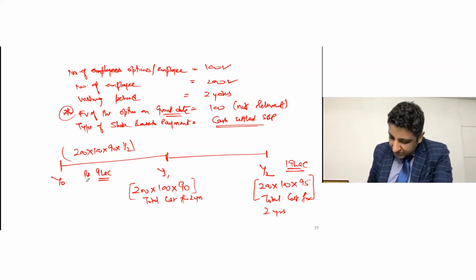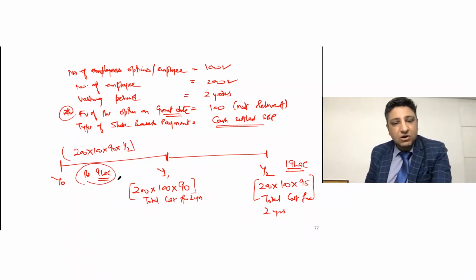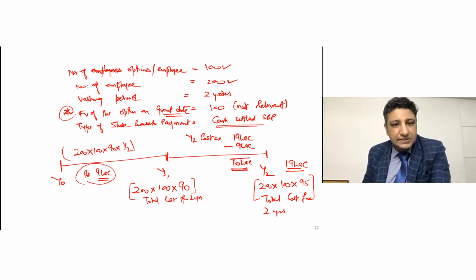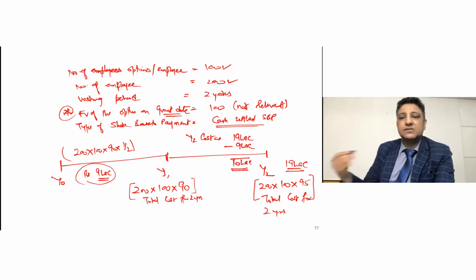But I have already charged a cost of 9 lakh rupees in the books for year one, which means that my cost for year two has to be 19 lakhs minus 9 lakh, making it 10 lakh rupees. So that's the way you start looking at it.